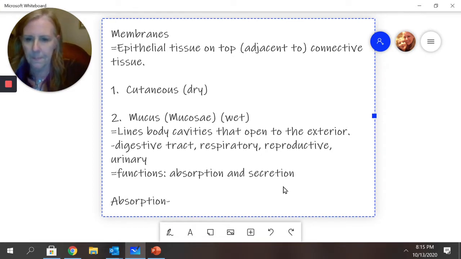Absorption. Okay, let's talk about what absorption means. Remember, the mucous membrane lines these body cavities, and it's for absorption. We need to know what absorption means because we're going to be talking a lot about it. Let's just use the digestive tract for an example.